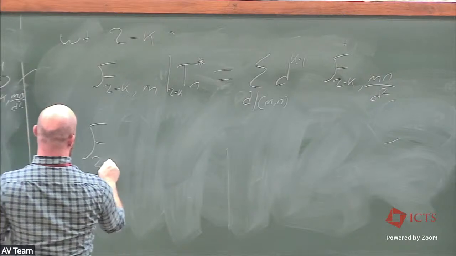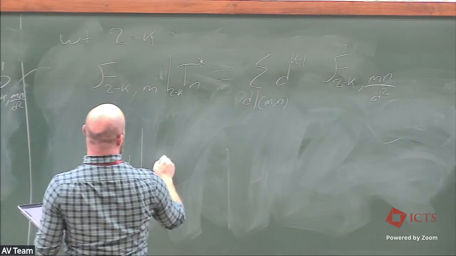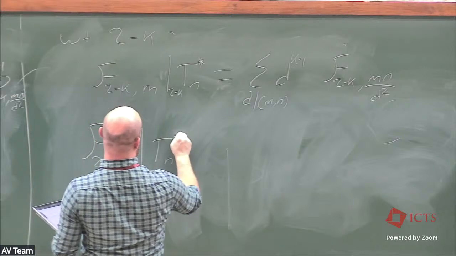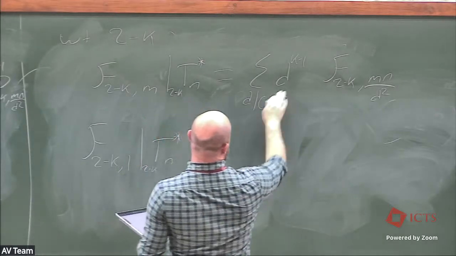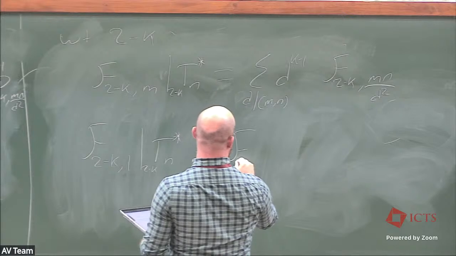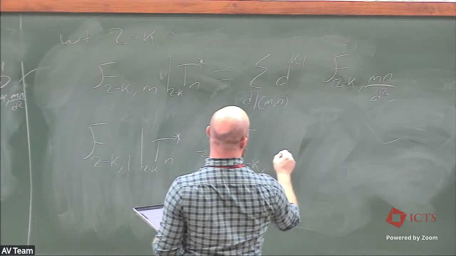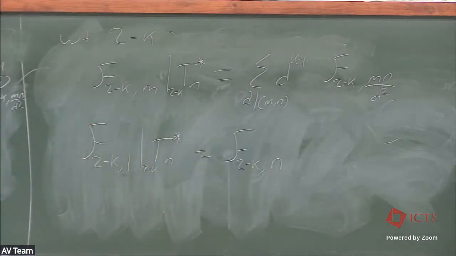And of course, if I simplify to the case m equals 1 and act on that with my Hecke operator, in that case d is just 1, and I end up getting just my Poincare series P_{2-k,n}. Good.